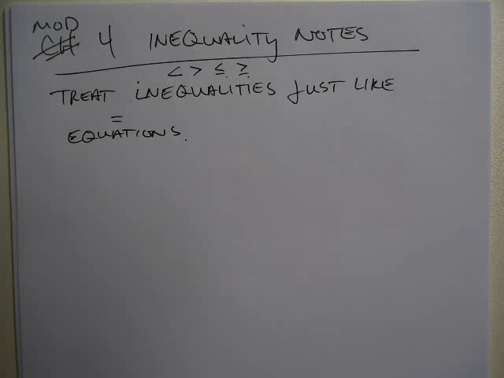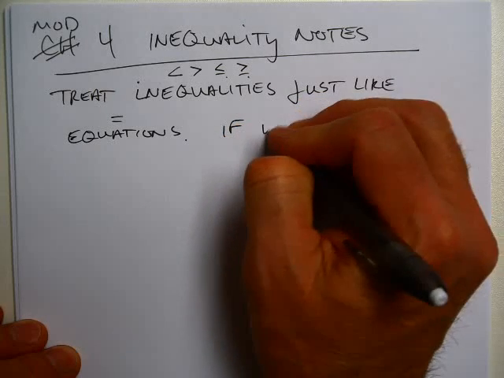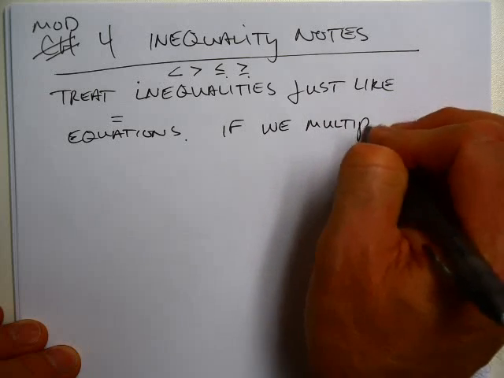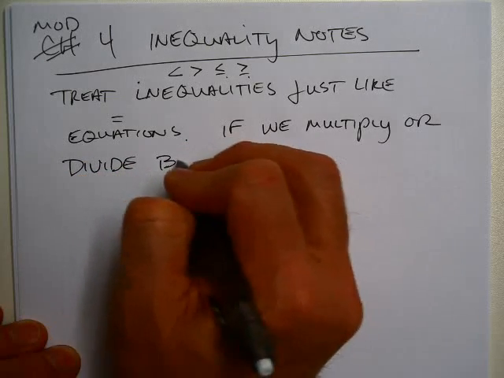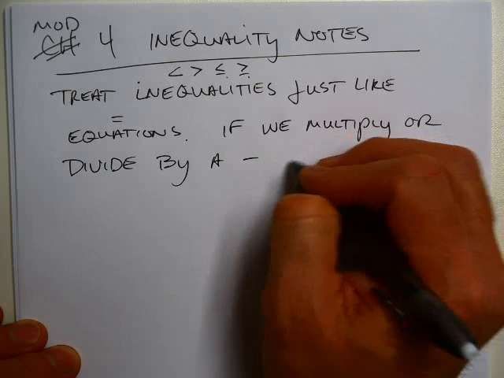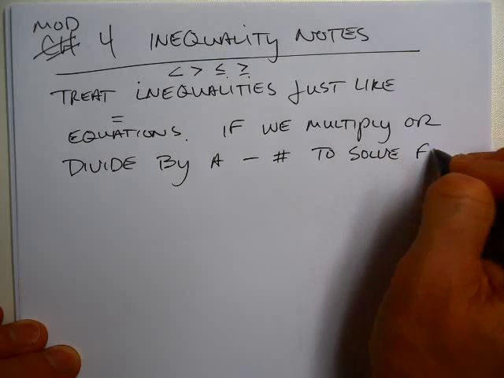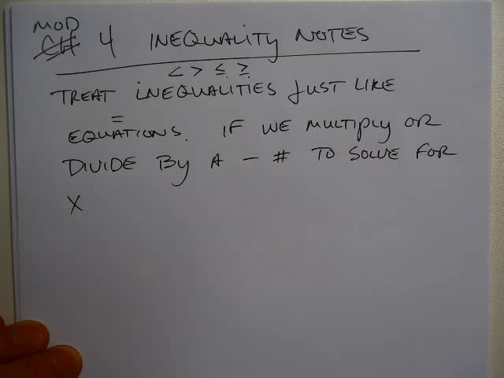We still treat them like a balance, but if we multiply or divide by a negative to solve for x, or any variable that we might have, we switch the direction of the inequality.